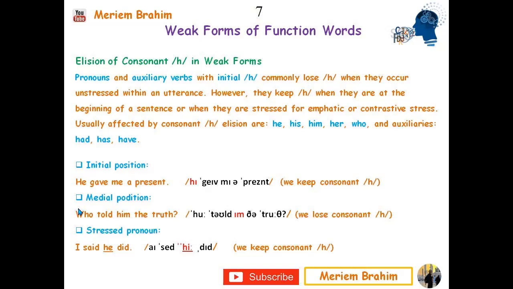When those pronouns or auxiliary verbs start with the h in a medial position, what will happen? They will lose the consonant h. For example, who told them the truth? So, him has lost the h because it is in a medial position.